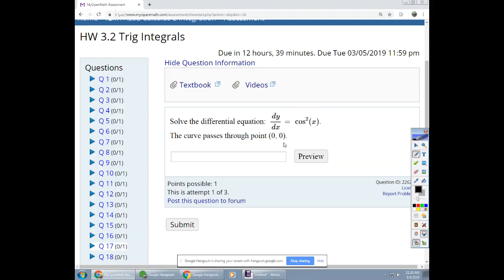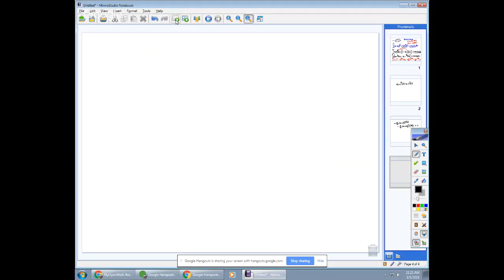We did some problems like that way back in chapter 1 when we looked at the fundamental theorem of calculus. So just quick setup on that one, and I'll see what else I can get. So let's see, what was that one again? It was the cosine squared, 0, 0.